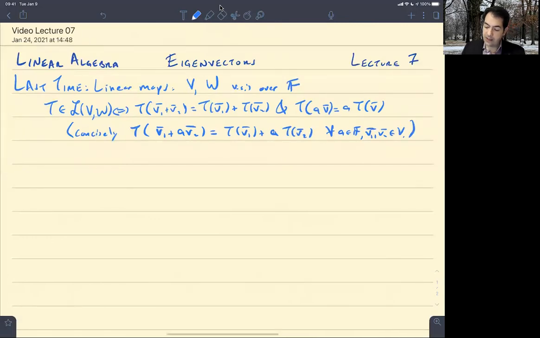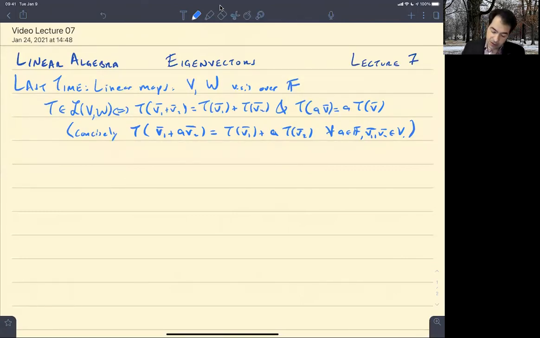And you can easily check that if you set A equal to 1, then you're checking additivity. And if you set V1 equal to 0, you're checking homogeneity. So you can just check this one equality, and that'll give you both of them at the same time.